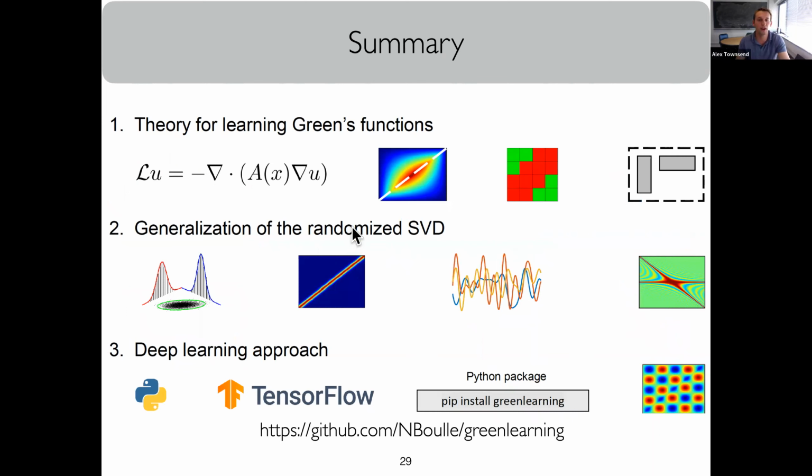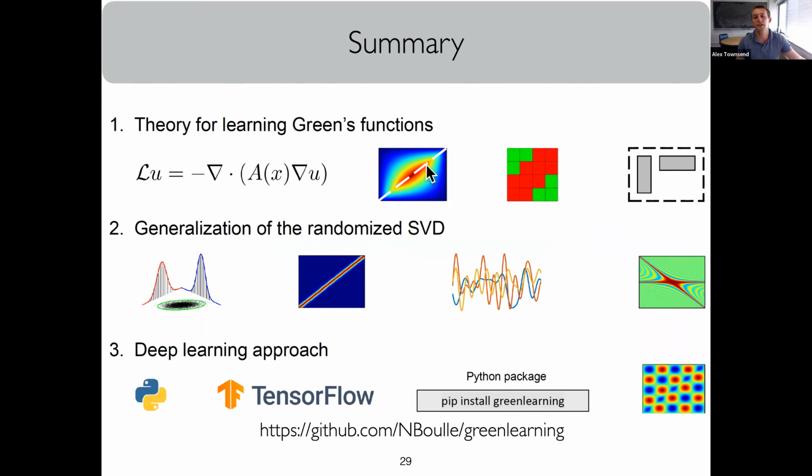So what did we do? We developed a fully rigorous probabilistic, like randomized, algorithm for recovering Green's functions associated to uniformly elliptic PDEs. We can also do parabolic PDEs. Now we can do elliptic PDEs and parabolic PDEs in any dimensions.